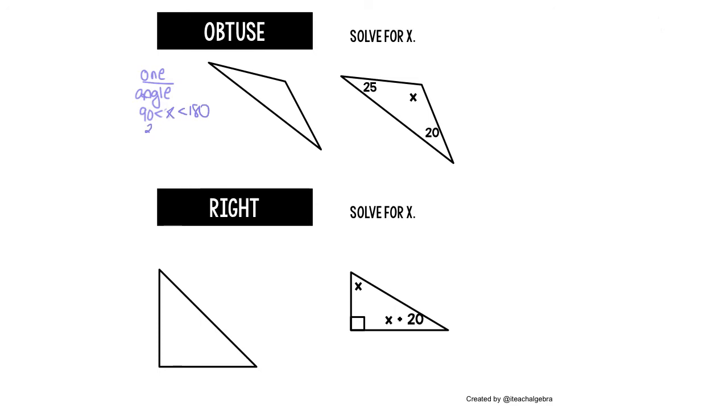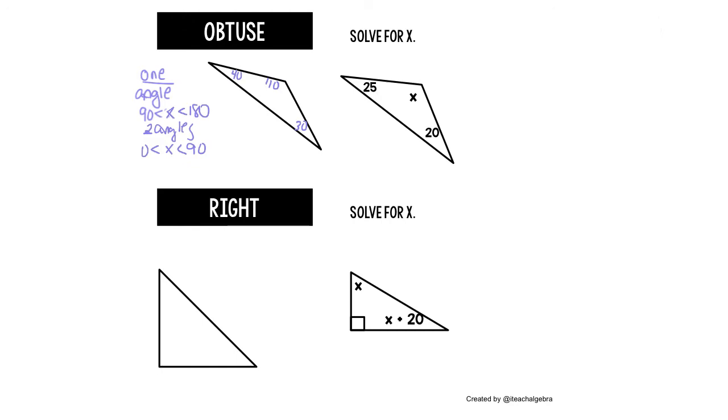And two angles are between 0 and 90. So this obtuse triangle might have two angles that are less than 90, like 40 and 30, and one that is more than 90, or 110.